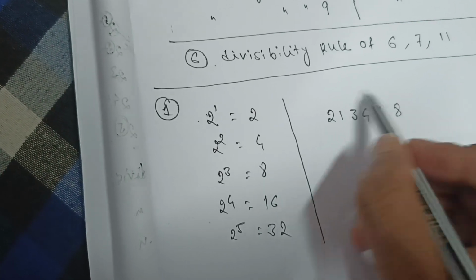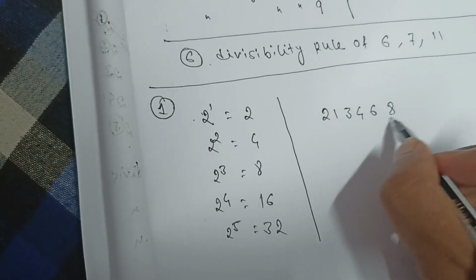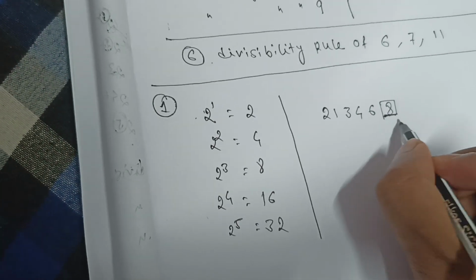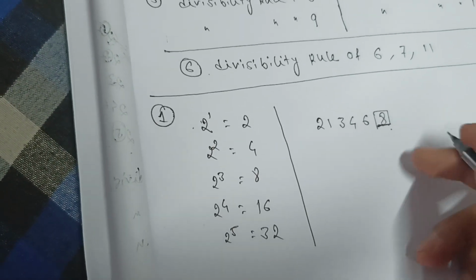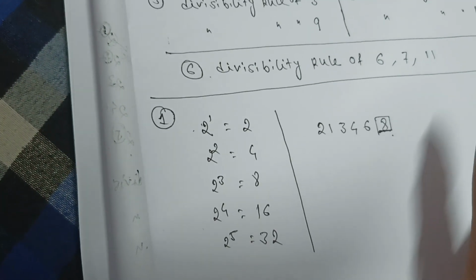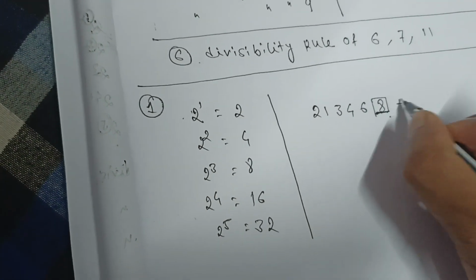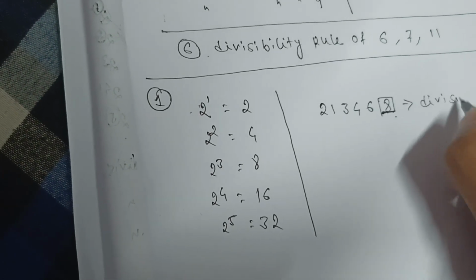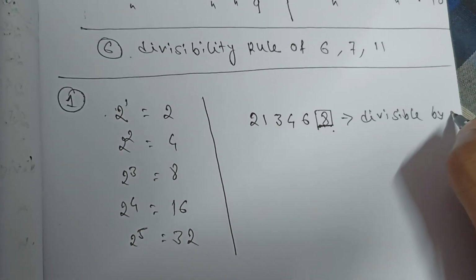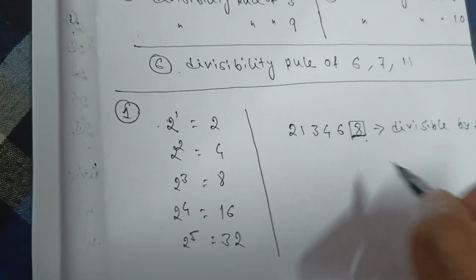We don't need to check the total number, we just check the last digit. This is a multiple of 2, and all multiples of 2, or all even numbers, are divisible by 2. So yes, this is divisible by 2.